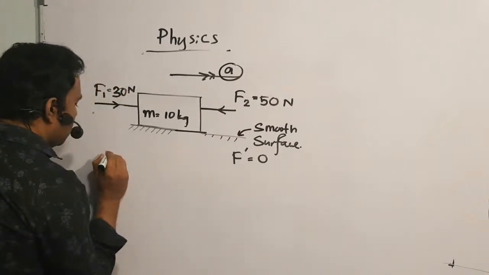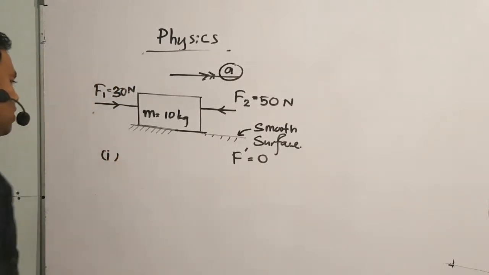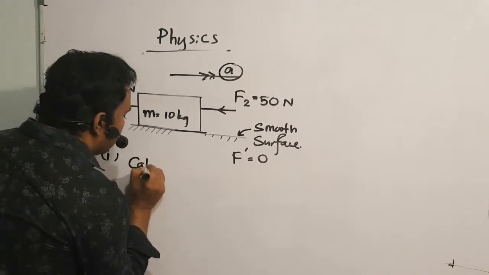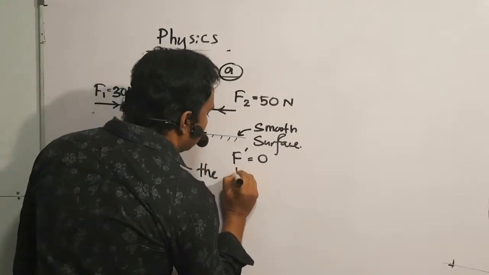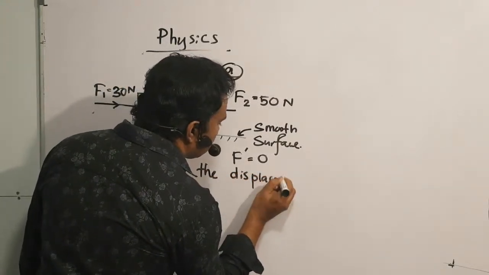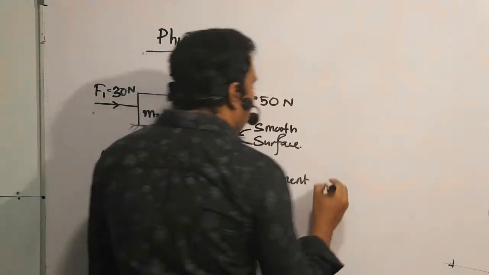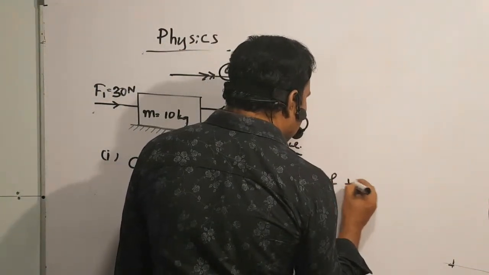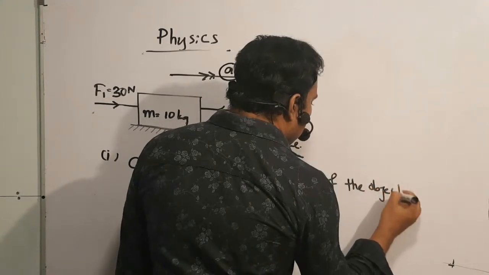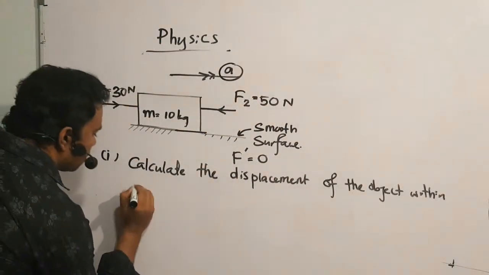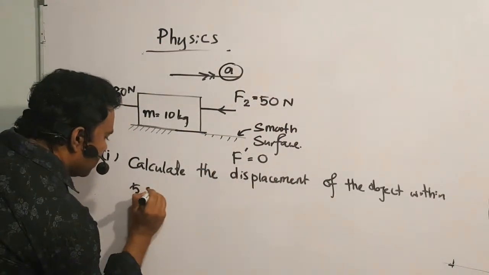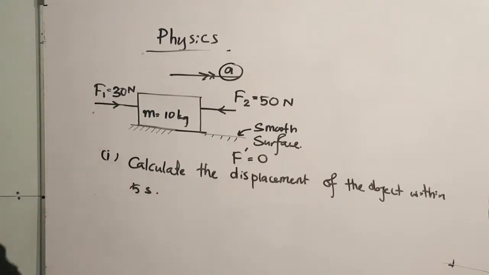Question is, the only question: calculate the displacement of the object within 5 seconds. The only question we are given is, calculate the displacement of the object within 5 seconds.